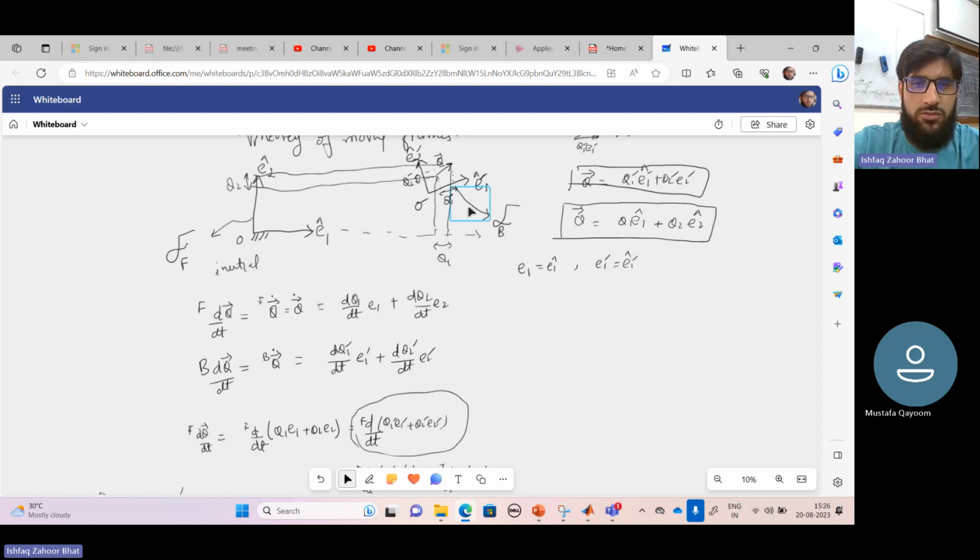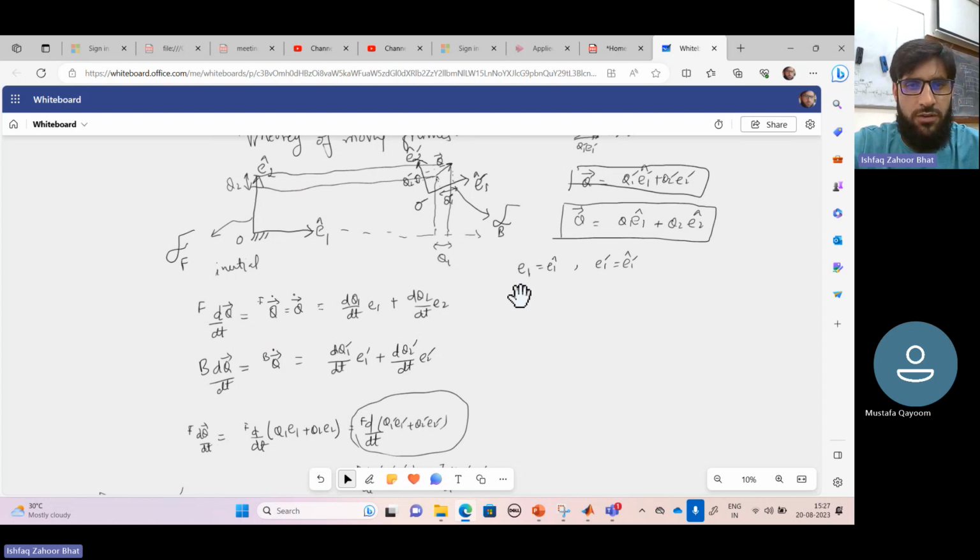But usually what will be available to us is the information or the derivative of the vectors in the body fixed frame. So how are we going to calculate this Q dot, the rate of change of this vector Q, if its rate with respect to the body frame is given? We need to find its derivative with respect to the fixed frame.